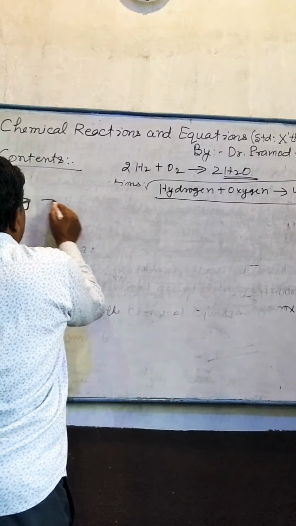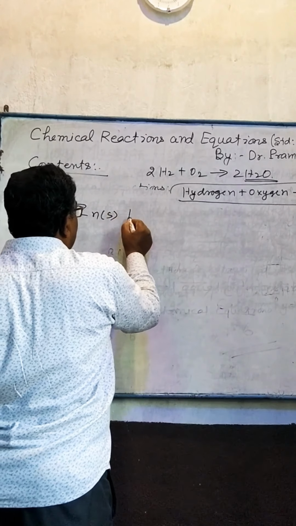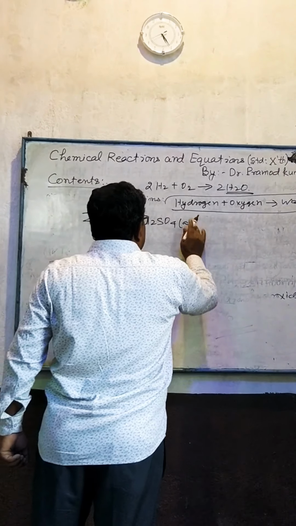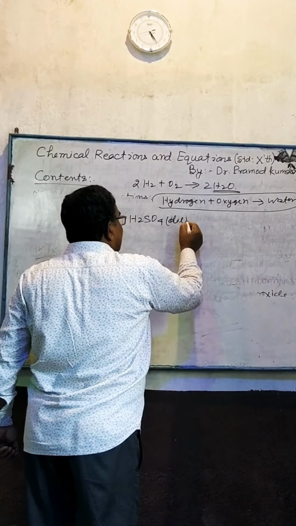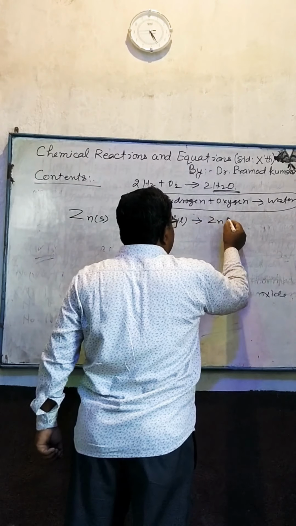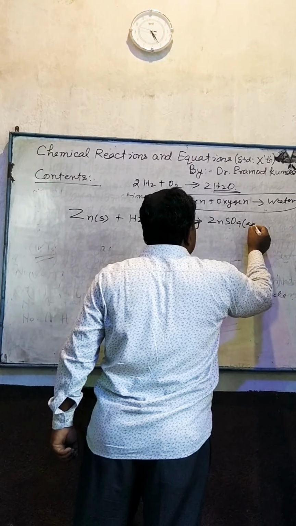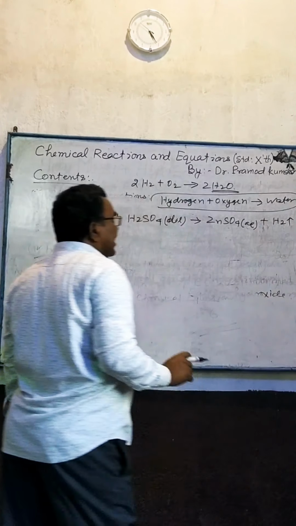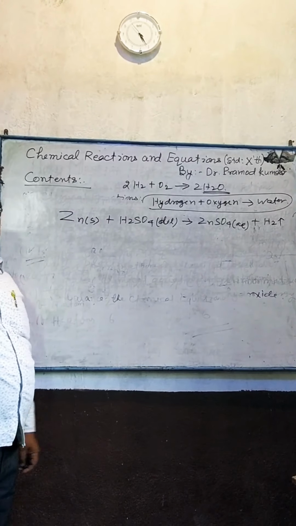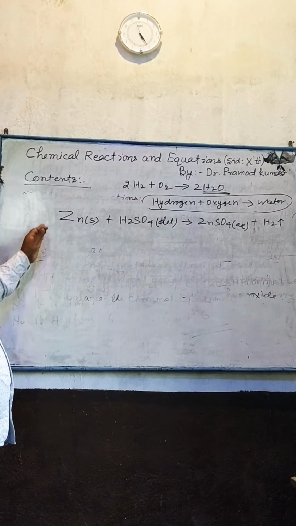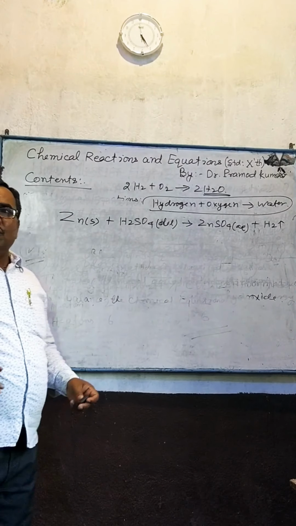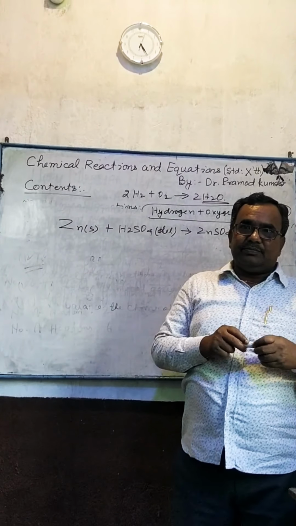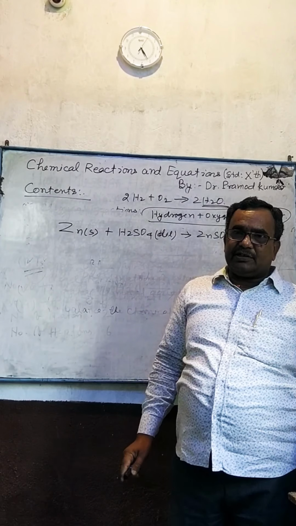It forms zinc sulfate, aqueous, and evolves hydrogen gas. This arrow represents that hydrogen exists in gaseous state. So in this chemical reaction, we say that a gas is evolved.